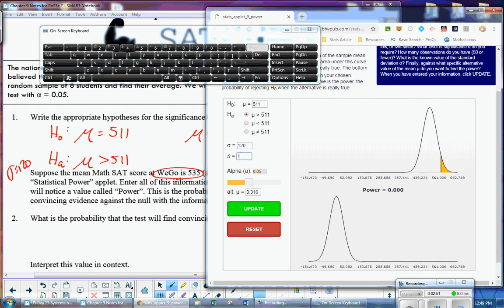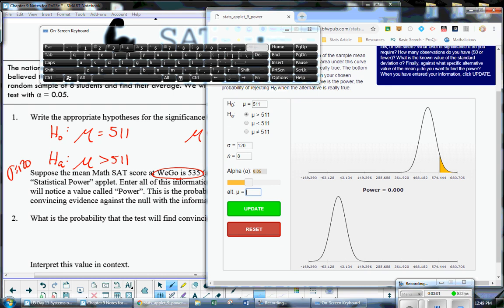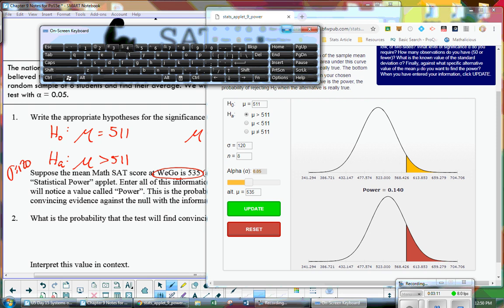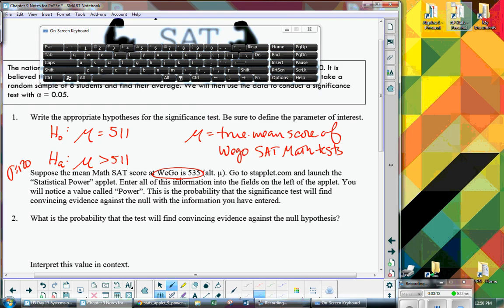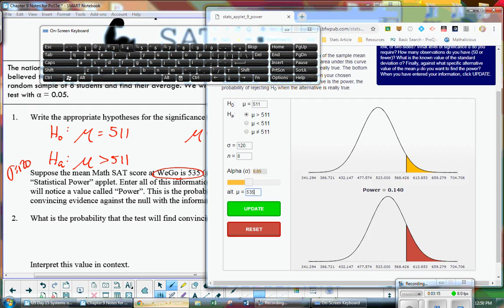Our n value is 8. And our alternative down over here is going to be 535.